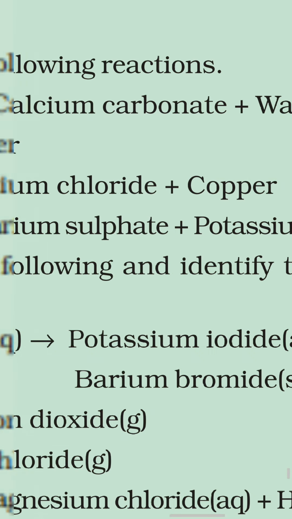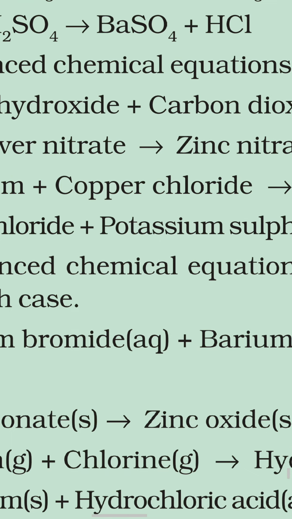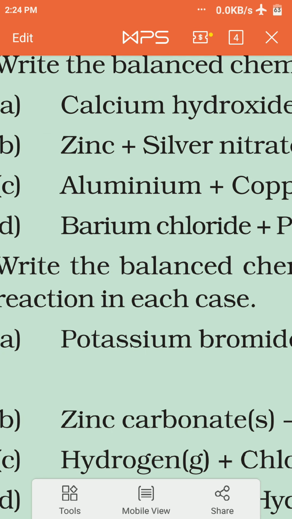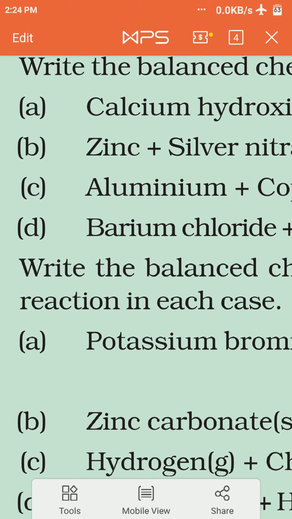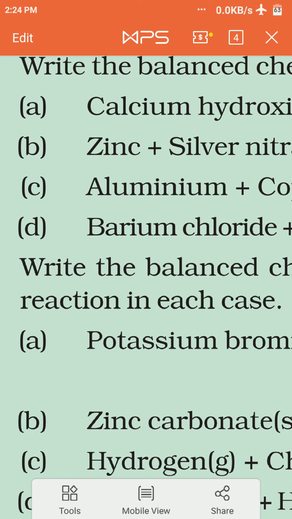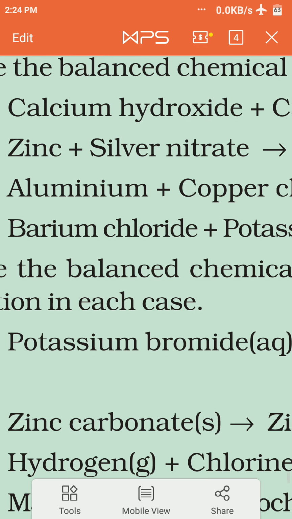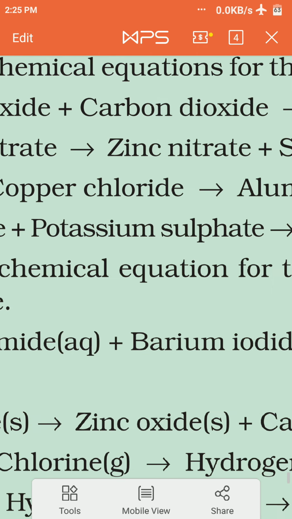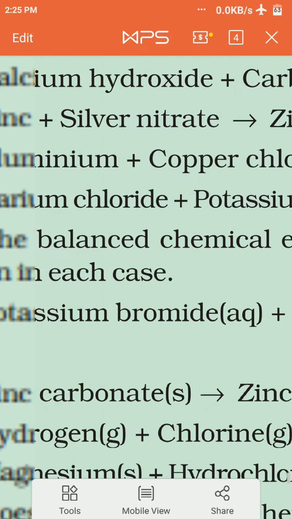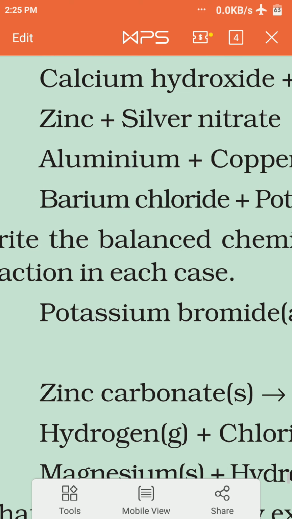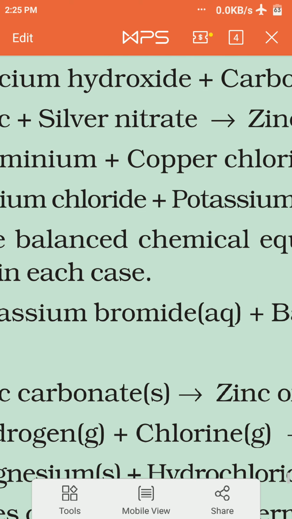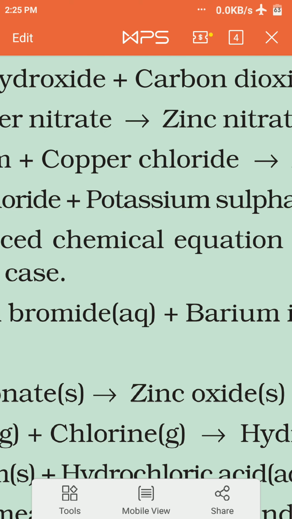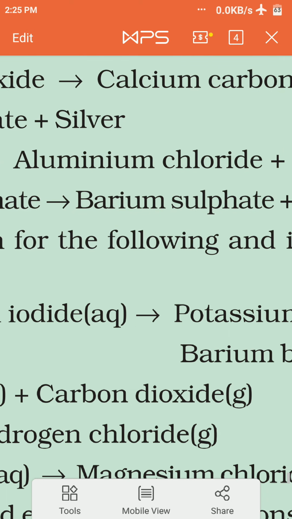B: 2Al plus 3CuCl2, arrow, 2AlCl3 plus 3Cu. C: BaCl2 plus K2SO4, arrow, BaSO4 plus 2KCl.